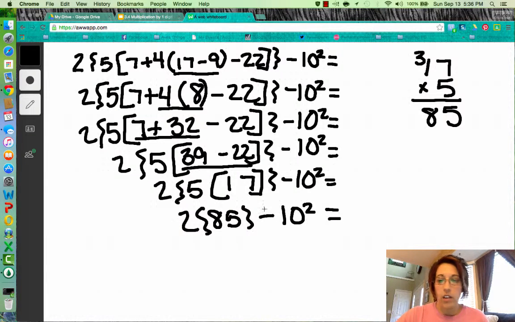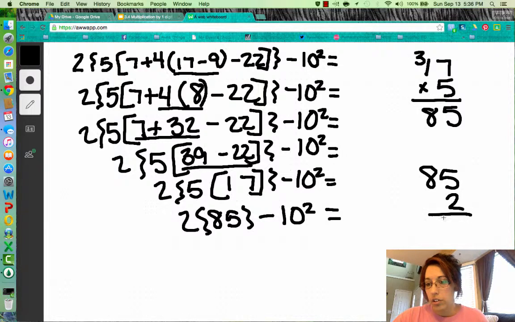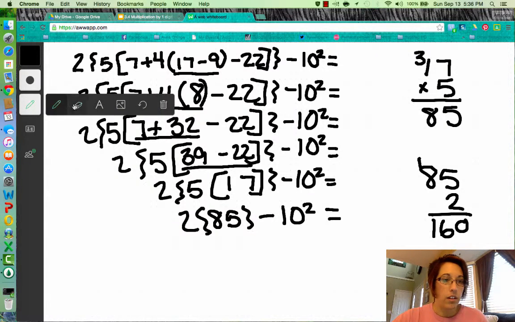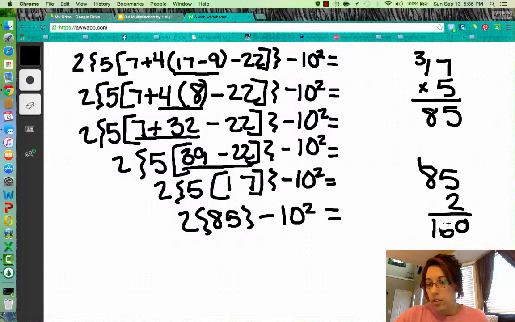We've got to take 85 times 2. 0, carry the 1. 16 plus 1 is not 16. Let's get an eraser here. 16 plus 1 is 17. That's better.